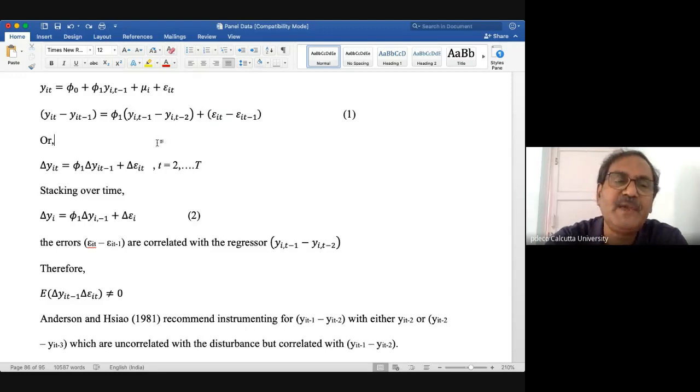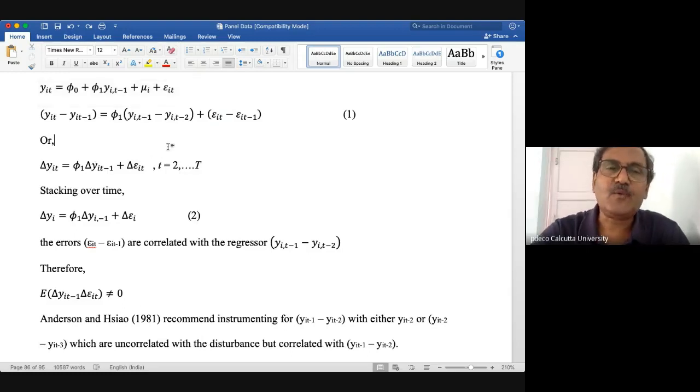Another possible instrument may be here, because you are expressing your original model in first difference form. So if you want to use your instrument in first difference form, then you can take yit minus 2 minus yit minus 3 as a possible instrument, because yit minus 2 minus yit minus 3 will not be correlated with this error, but it will be correlated with this regressor.